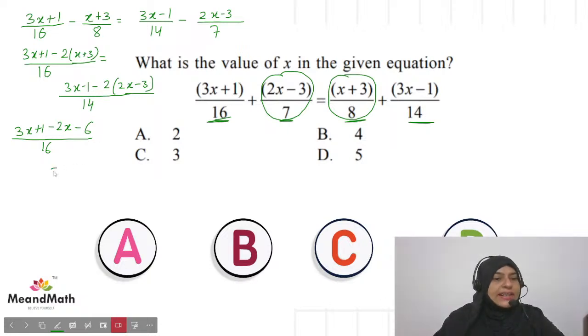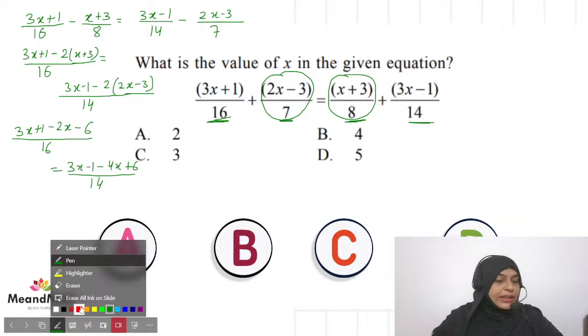Now, on the right hand side, it is 3x minus 1, 2 times 2 is 4x, minus 2 and minus 3 gives plus 6, divided by 14.